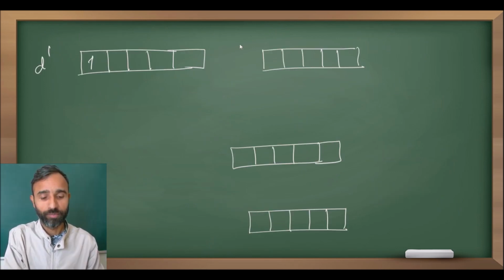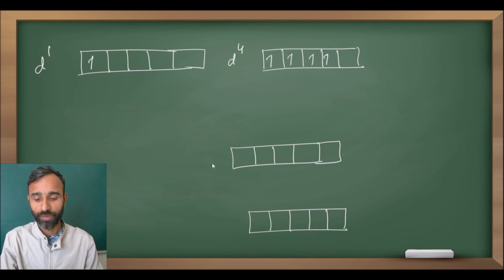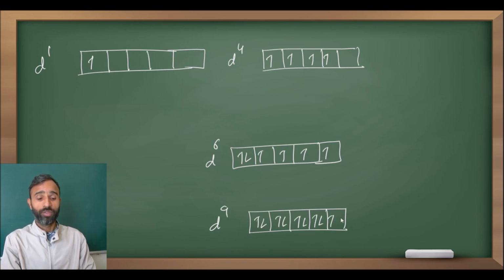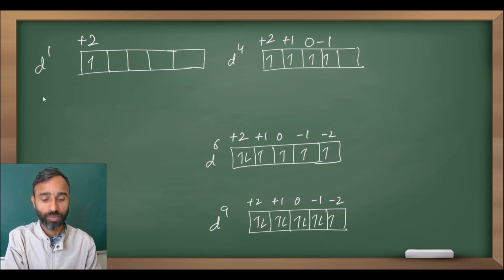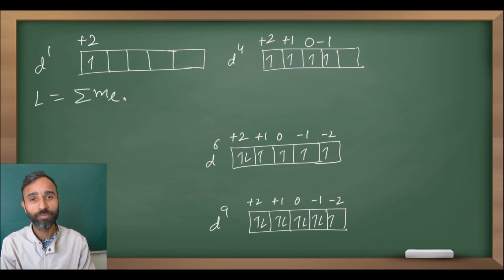D1, D4, D6, D9. So what is the value of L? You know, L is the summation of ML. So it is plus 2, L is 2.